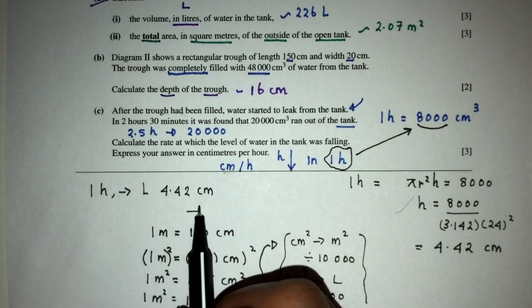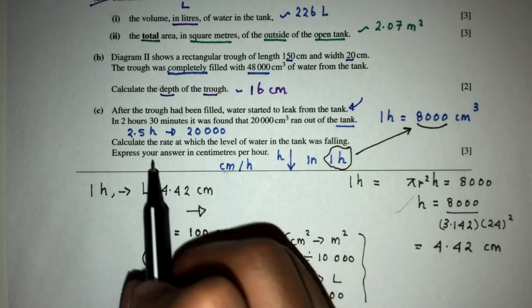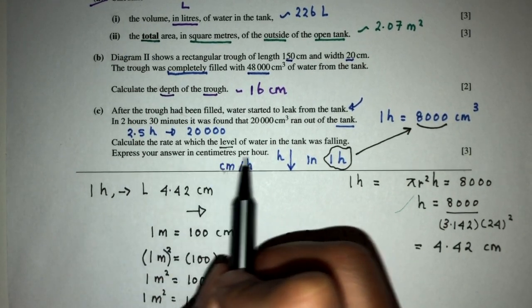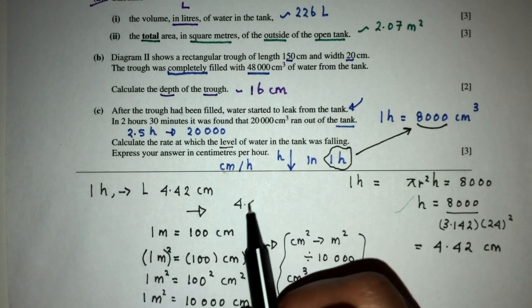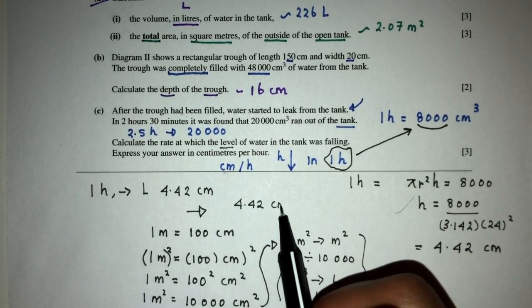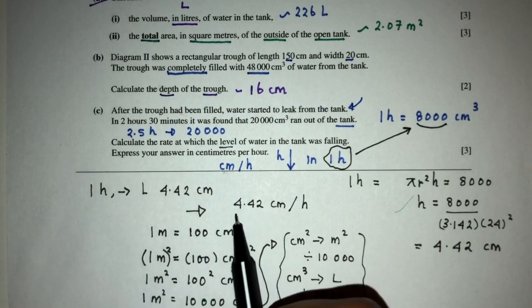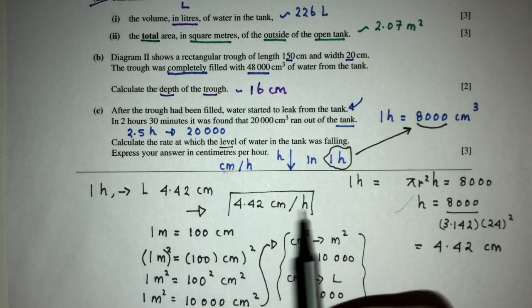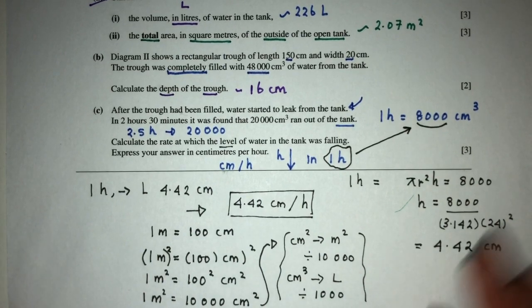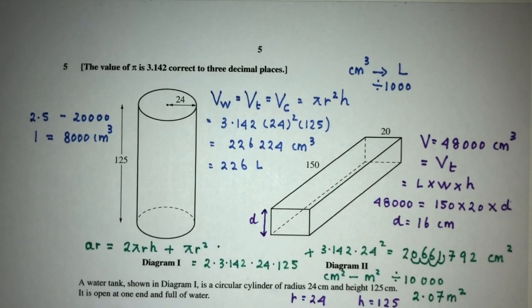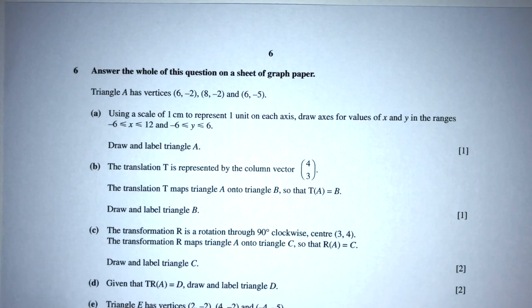So in short, we were able to derive the rate, which is 4.42 centimeters per hour. So per 1 hour we are losing this level. So this is your answer as required. Okay, that will be your question number 5. Let's move on to question number 6.